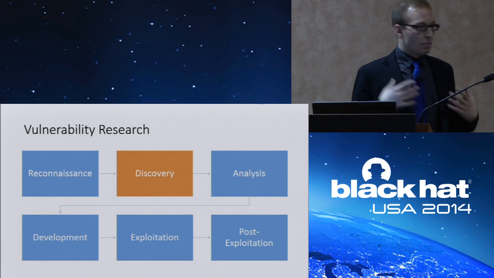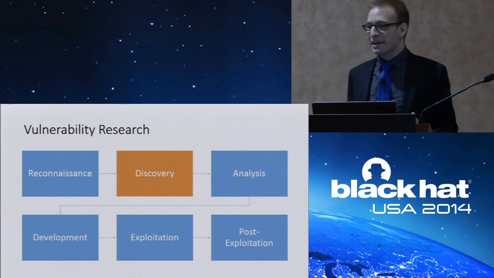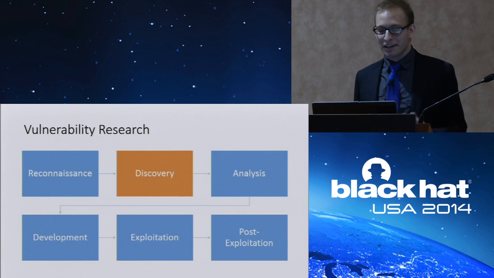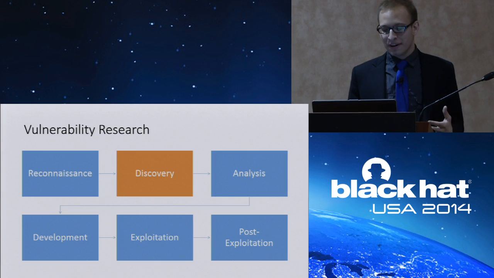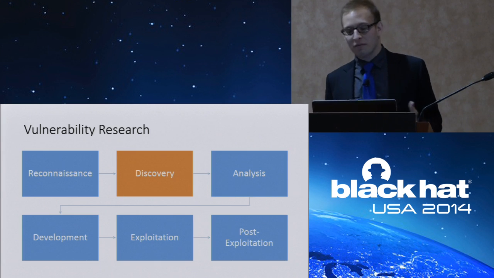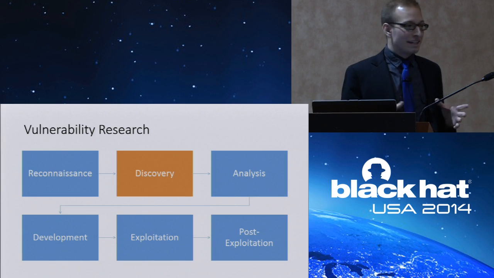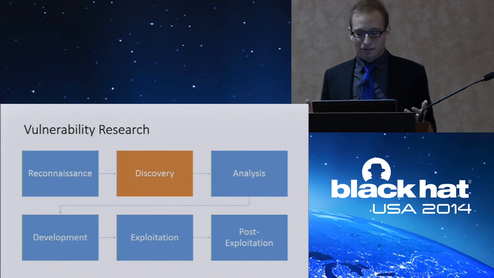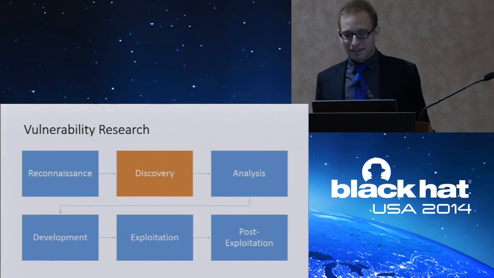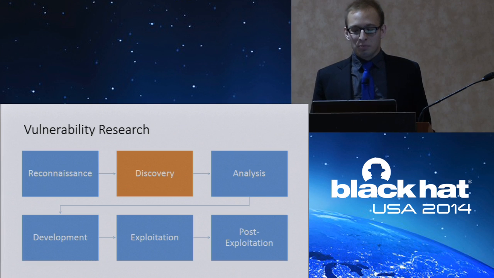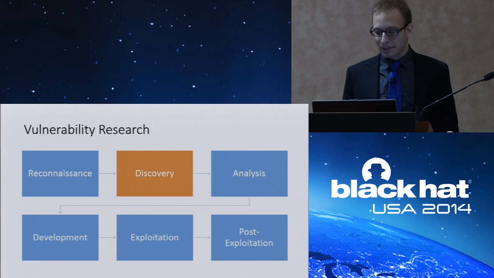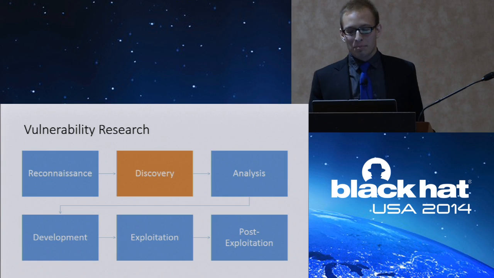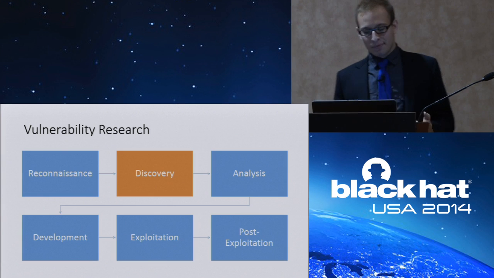So we're talking about using program analysis to aid in vulnerability discovery. But vulnerability discovery is part of a much bigger process which we call vulnerability research. And I like to break down vulnerability research into 6 steps. The first step is reconnaissance. After a target is picked, some recon is done, looking for information like how the target is built, how does it operate, where are potential entry points or weaknesses.